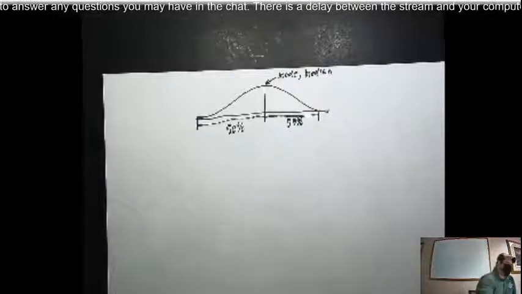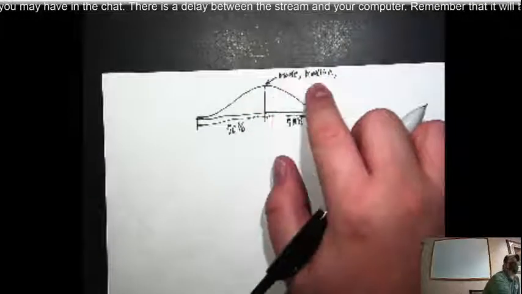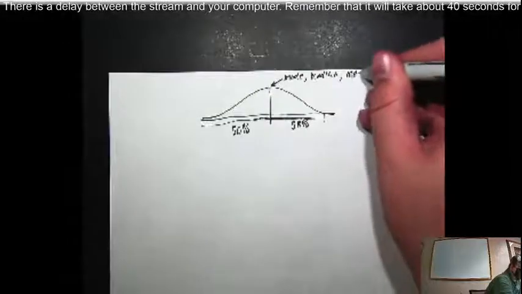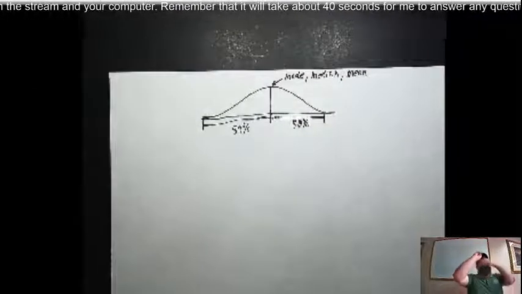Okay? And if it's normally distributed, that means that the mode, median, and mean are all centered on the same point.